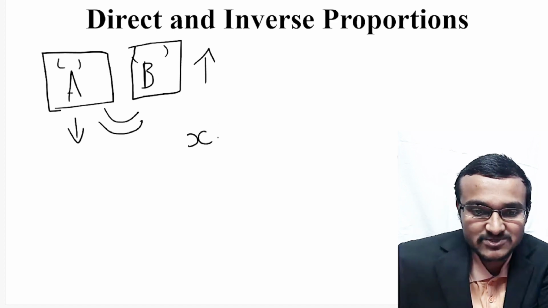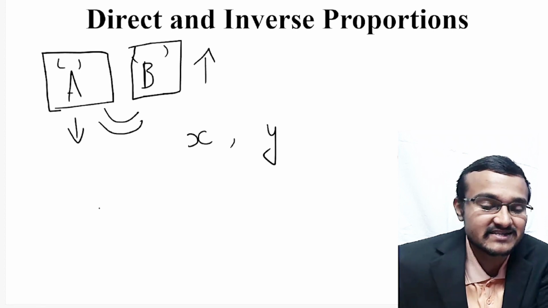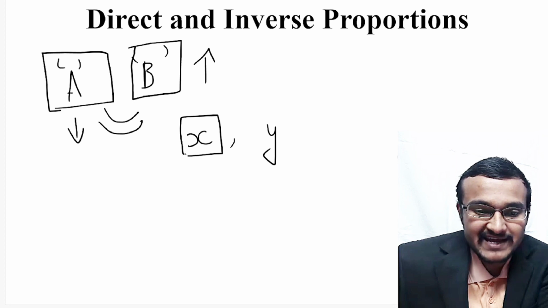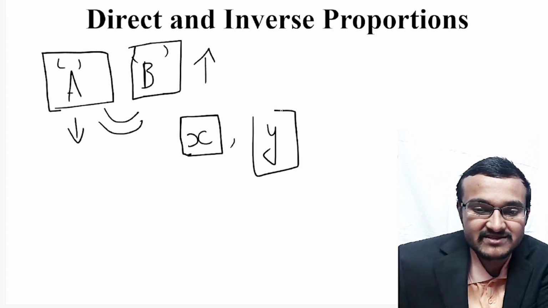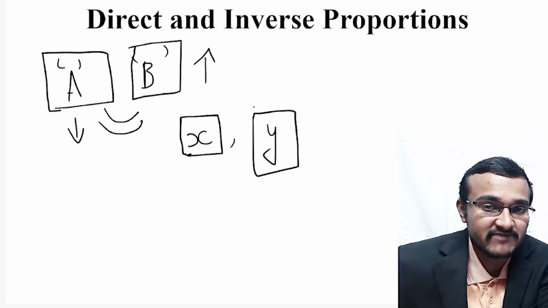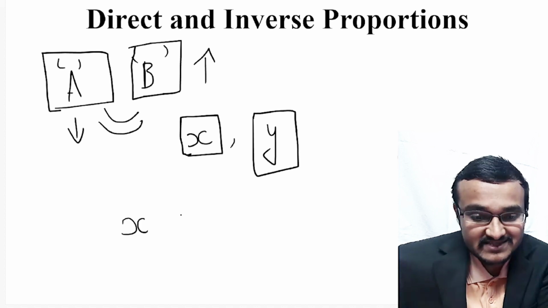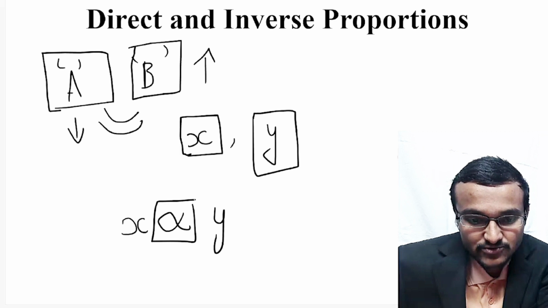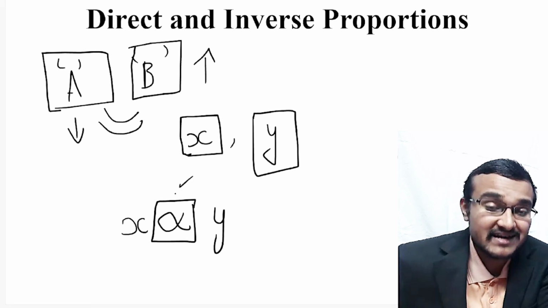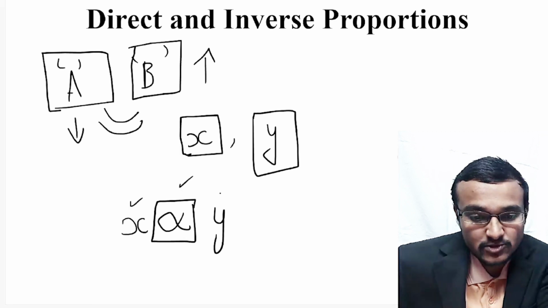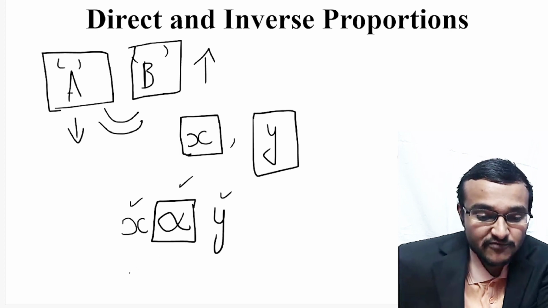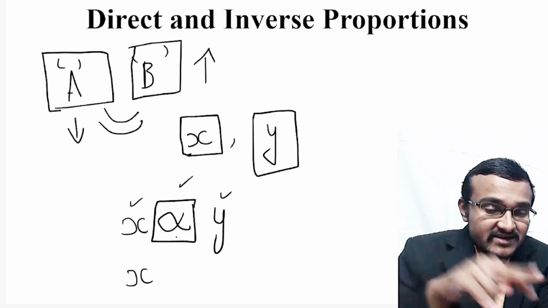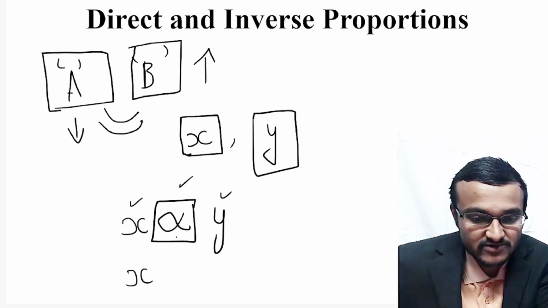Let's say X is one physical quantity and Y is another physical quantity. In direct proportionality, X will be directly proportional to Y. This symbol I have explained to you; it explains direct proportionality between two physical quantities, let's say X and Y. For inverse proportion, the same symbol written in the reverse order means inversely proportional.